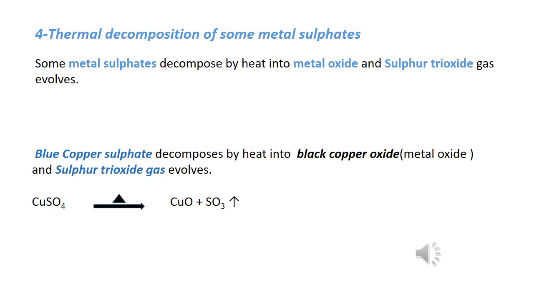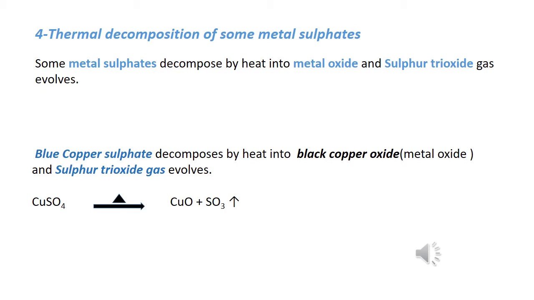Fourth, thermal decomposition of some metal sulfates. Some metal sulfates decompose by heat into metal oxide and sulfur trioxide gas, SO3. For metal sulfates such as copper sulfate, which has a blue color, when it decomposes by heat it changes into black color due to the formation of copper oxide, and sulfur trioxide gas evolves.